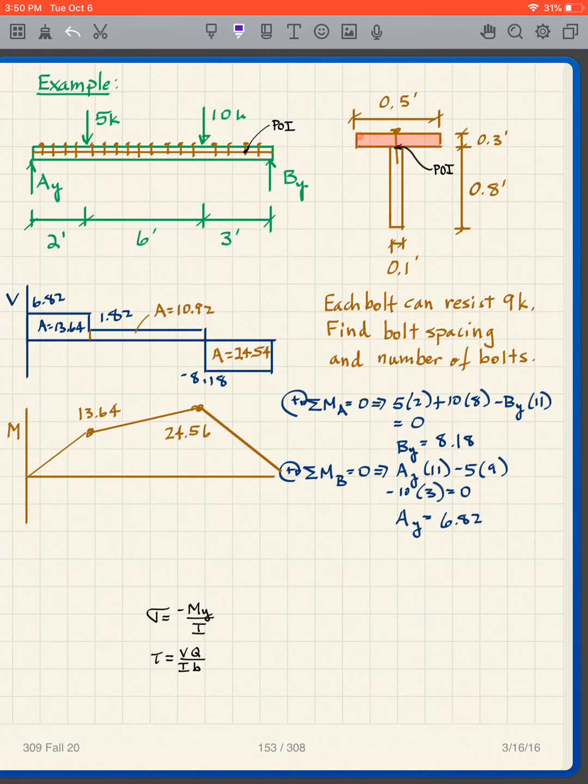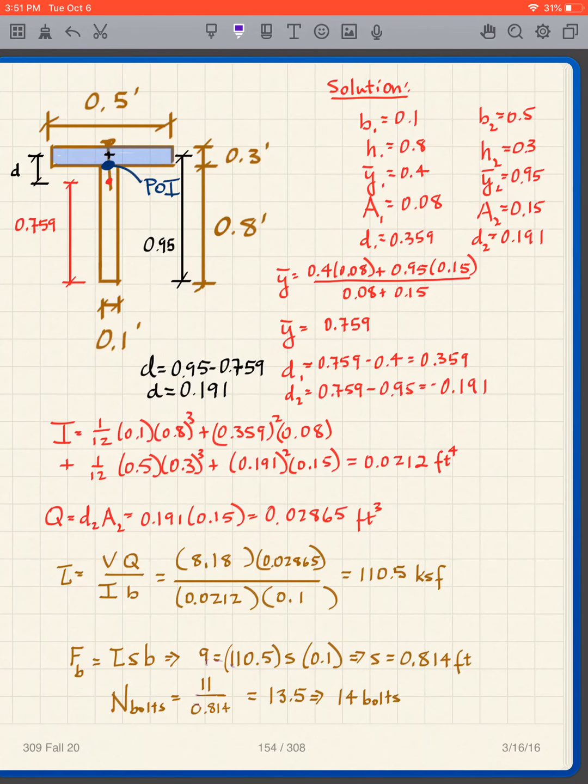Okay, I'm assuming that you've done that. You can draw the shear diagram. It's pretty straightforward here, so I'm not going to go through it. You get all the areas, and you draw the moment diagram. So we have that. We're going to recognize that there's my shaded area. And you can verify these calculations for the Y bar and I, if you want to go through that.